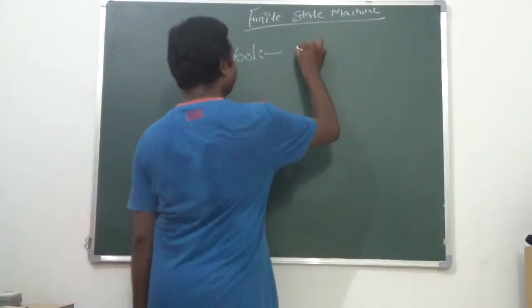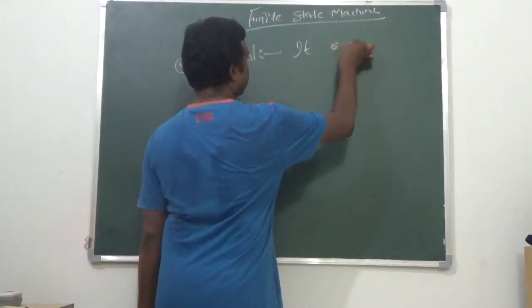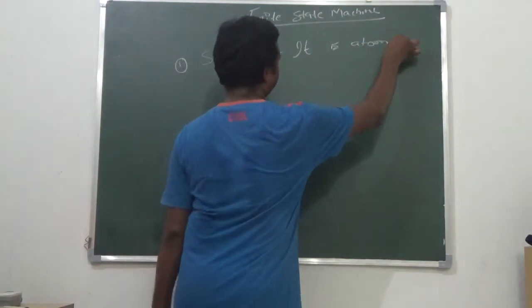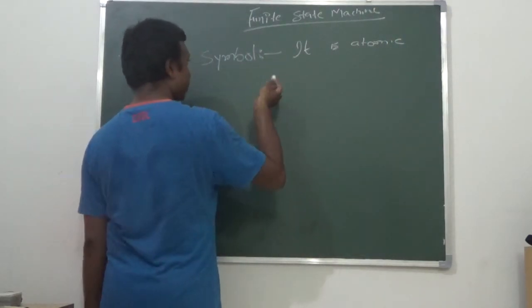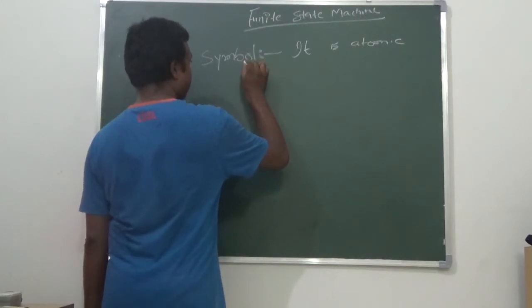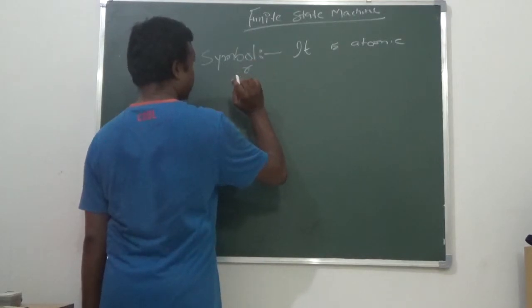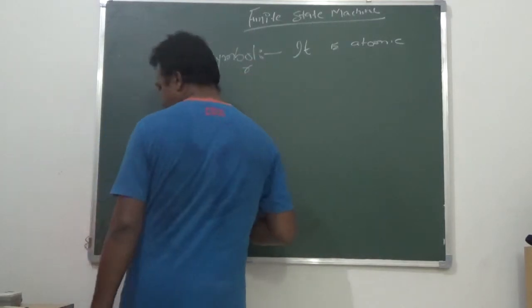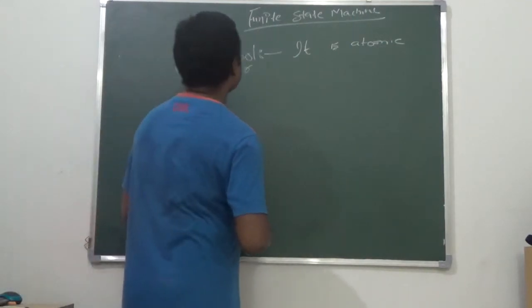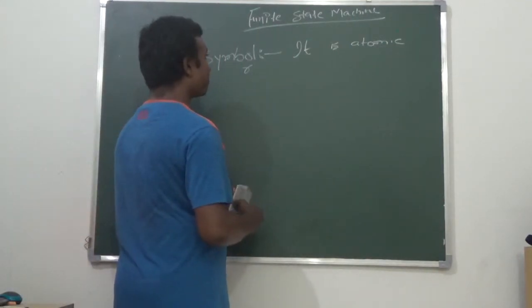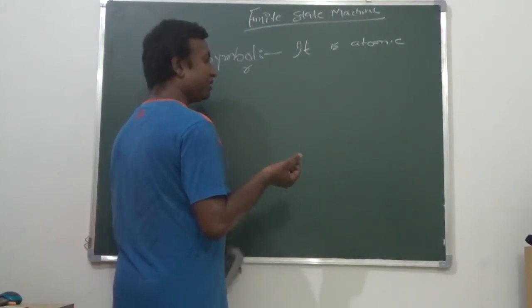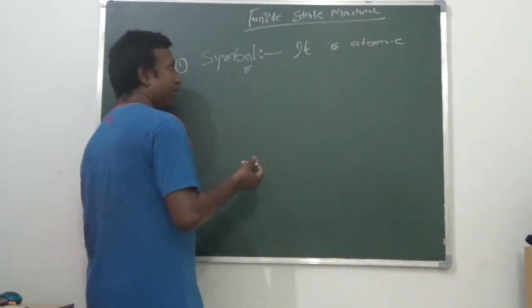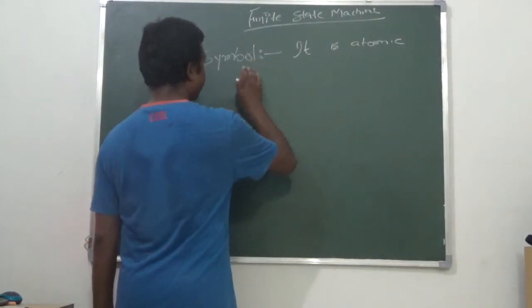It is an entity, an atomic representation. How you can define the symbol is just a piece which is not further divided. So we say it's atomic information.